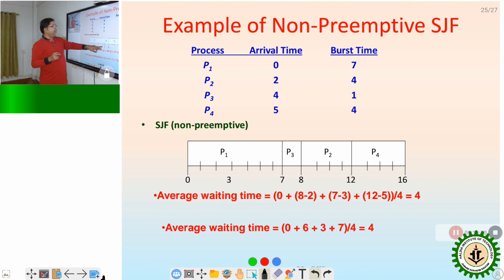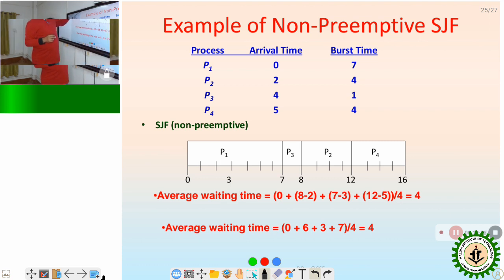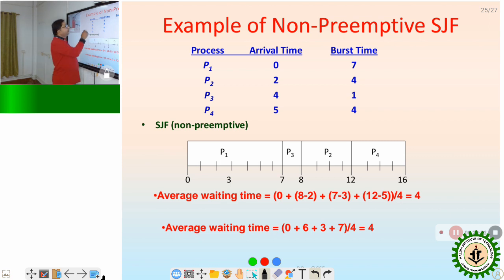So right now at time 7, P4 also arrived at time 5. So at time unit 7, P2, P3 and P4, all three processes have arrived. Now among P2, P3 and P4, which has the higher priority? We observe the burst times: 4 for P2, 1 for P3, and 4 for P4.